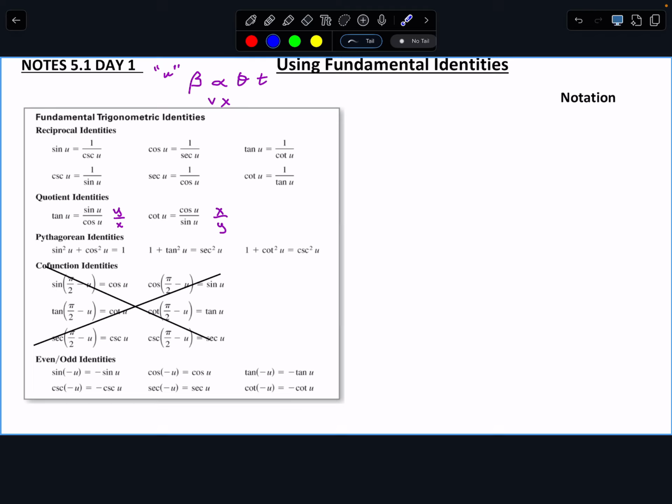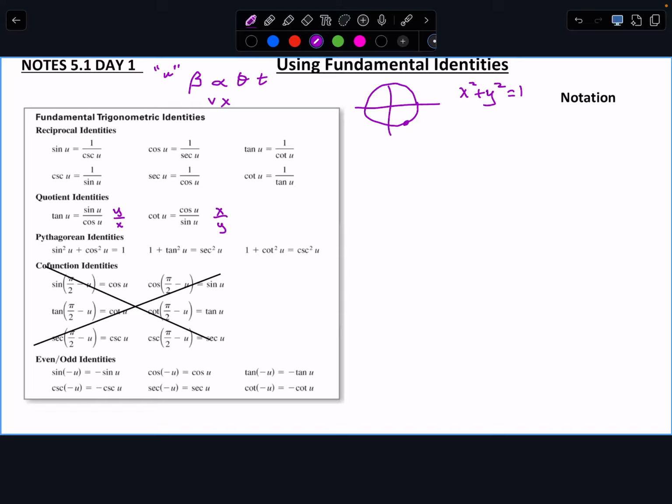All right, but then we have the Pythagorean identity. And when you are working on the unit circle, the unit circle is x squared plus y squared equals 1. A circle centered at the origin with a radius of 1.